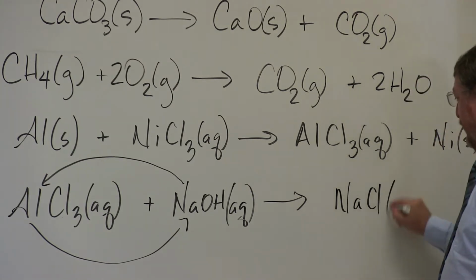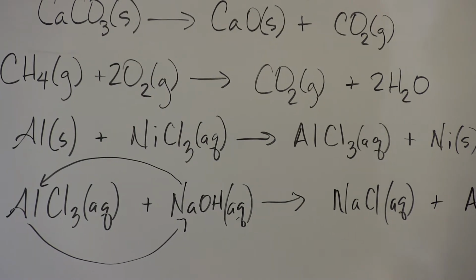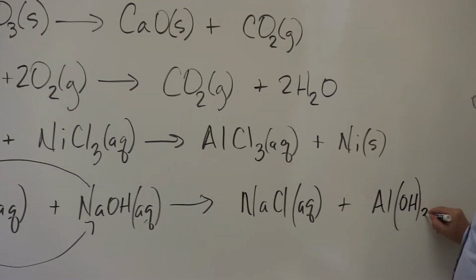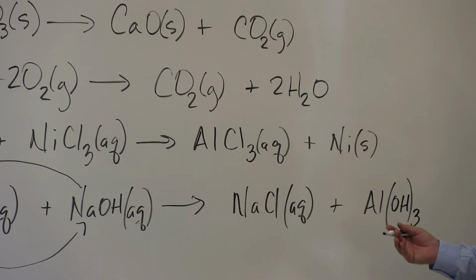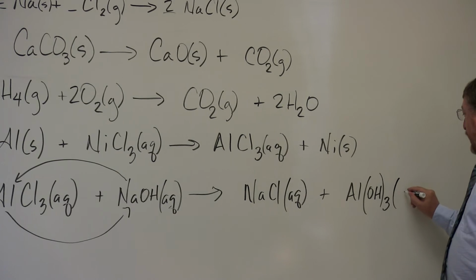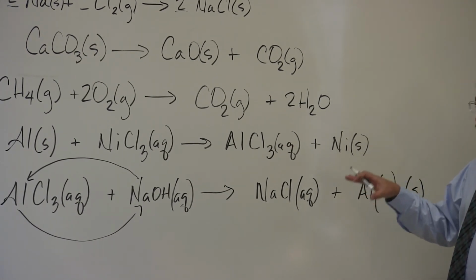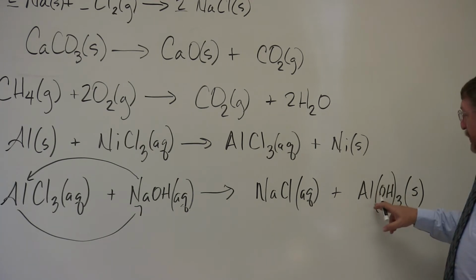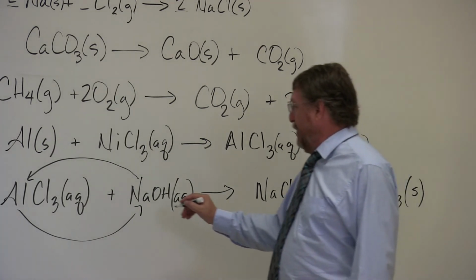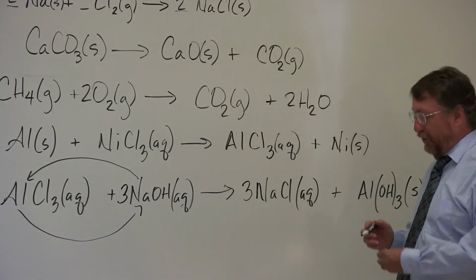NaCl, sodium compounds are soluble, that's dissolved. Then we're going to get aluminum hydroxide. All hydroxides are insoluble except for those involving alkali metals and ammonium. So we're going to have here a solid. That's going to create the reaction. If we have aqueous, we have no reaction. So here we've got our reaction. Obviously we need 3 of these, 3 of these, and that's our double replacement.